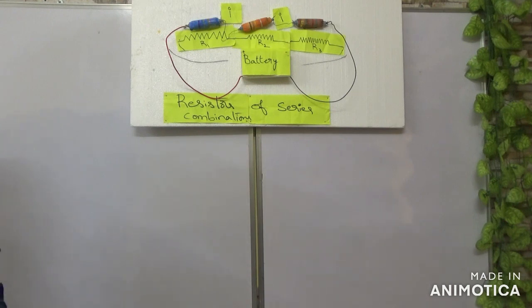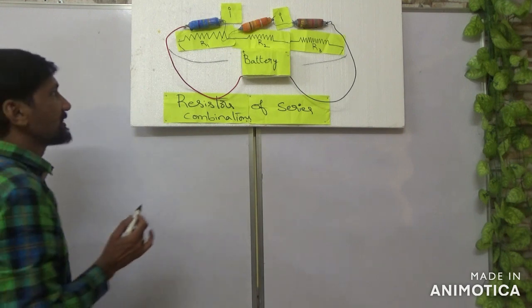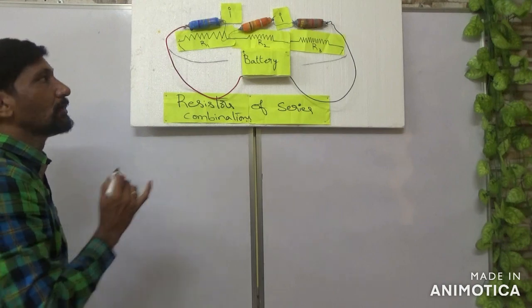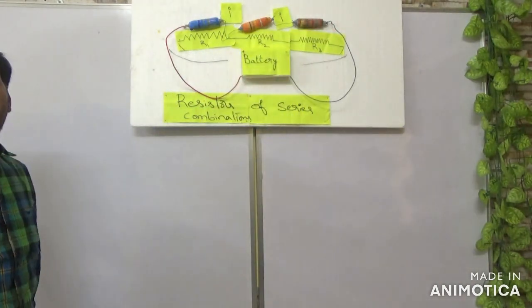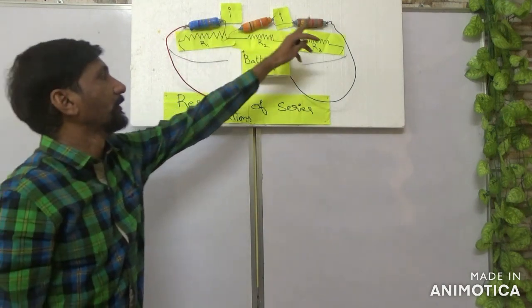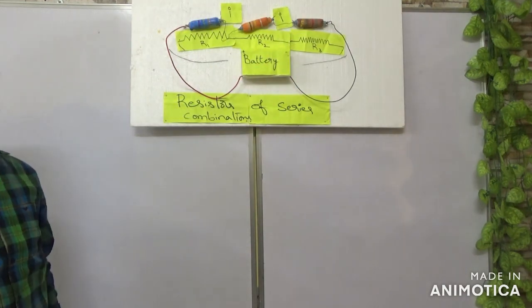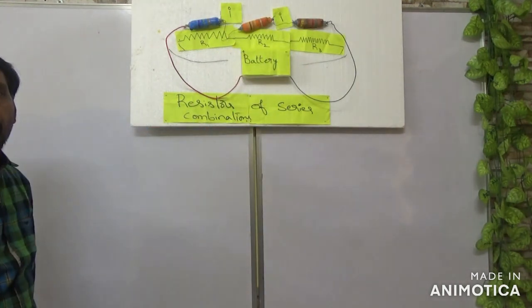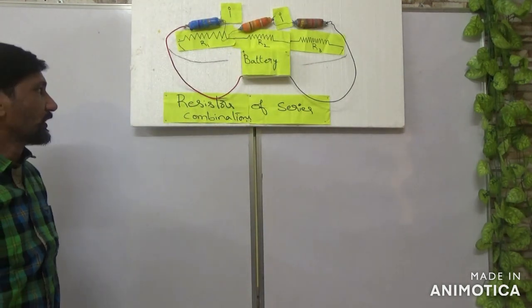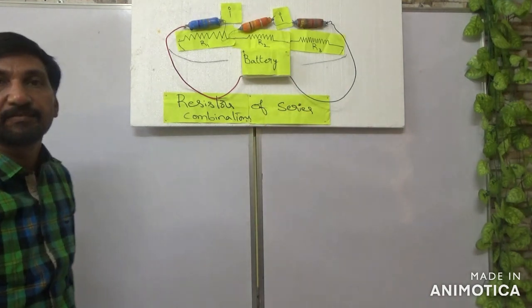Suppose there are three different resistors of resistances R1, R2, R3 joined in series combination. You see, only one joint is common, end to end, so that is called series.